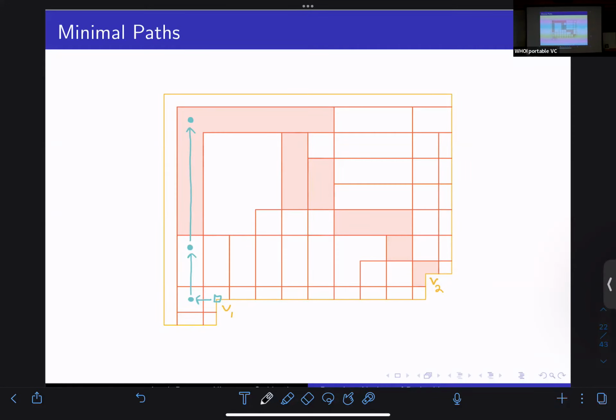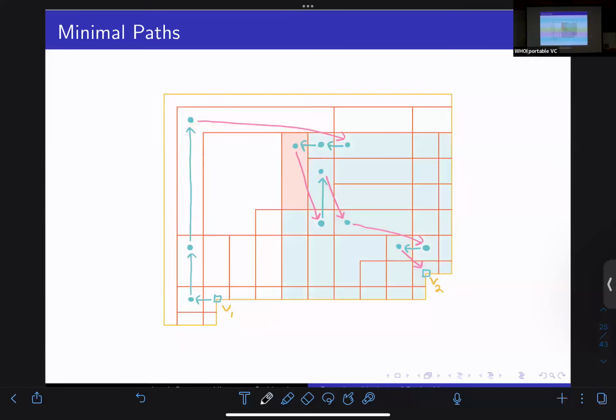Now it turns out I have a path to the next colored box using exactly one descending arrow, and to the next and next and next. You unpack this, and this means that I have this path P from v1 to v2, and it has exactly 5 descending arrows, which is 1 less than the number of boxes that I drew.